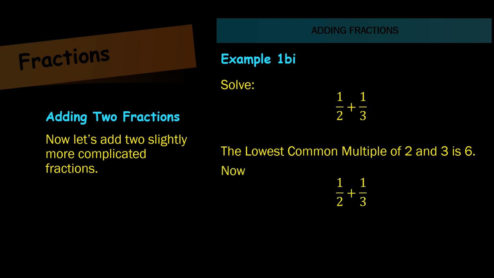Multiply the numerator and denominator of 1/2 by the same number 3 to give 1/2 equals 3 out of 6. And multiply the numerator and denominator of 1/3 by the same number 2 to give 1/3 equals 2 out of 6.